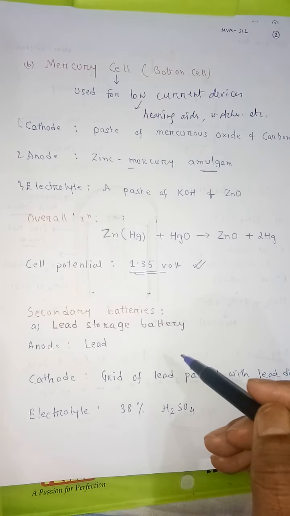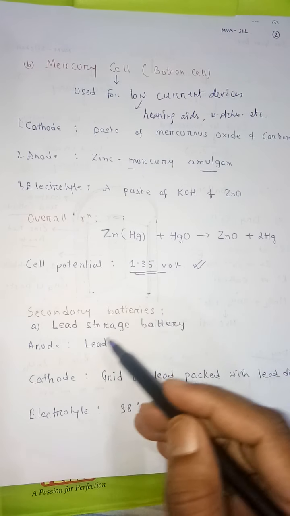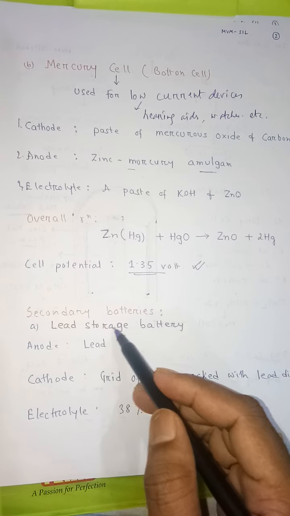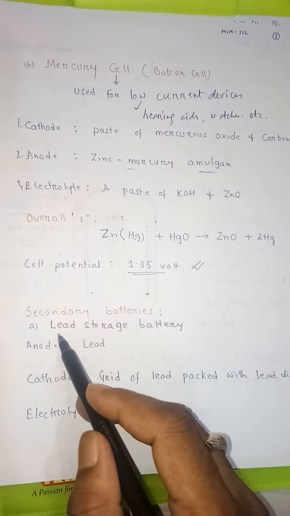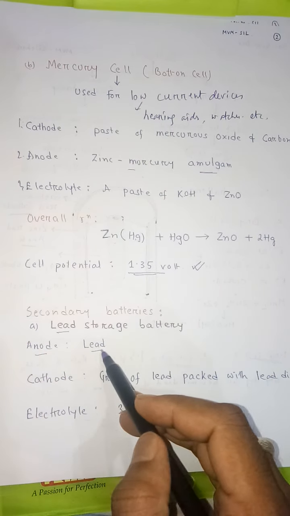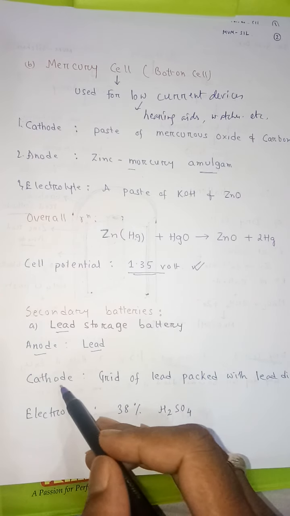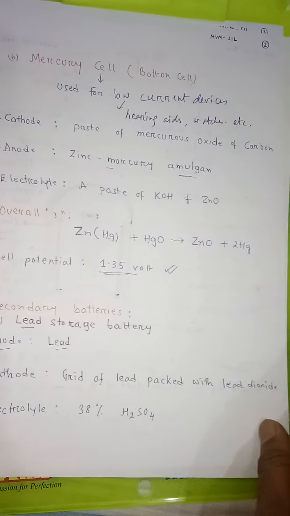Now we are learning another point, the secondary cell. Secondary cells, as we have discussed, are rechargeable. In that category, the first one we are taking is the lead storage battery. In the lead storage battery, the anode is lead. The cathode is a grid of lead packed with lead dioxide.